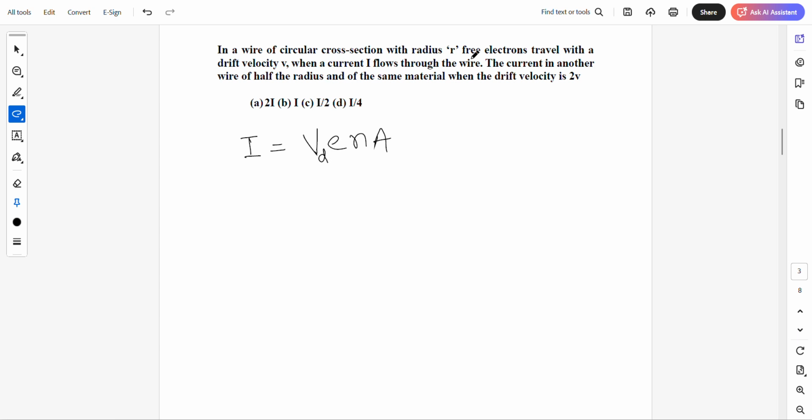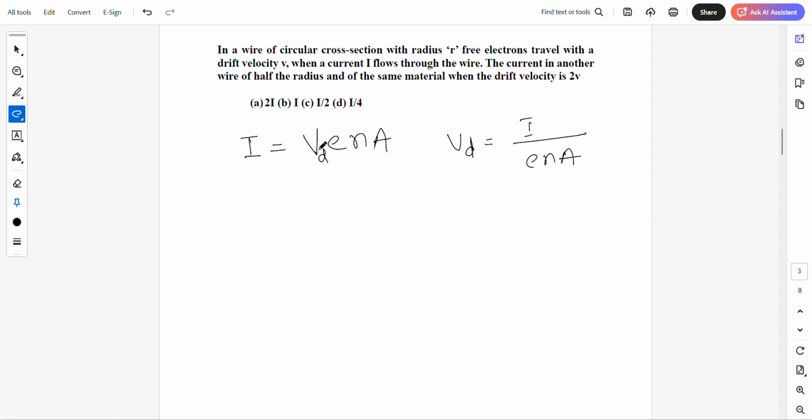Drift velocity is given by v_d is equal to I divided by n e A.